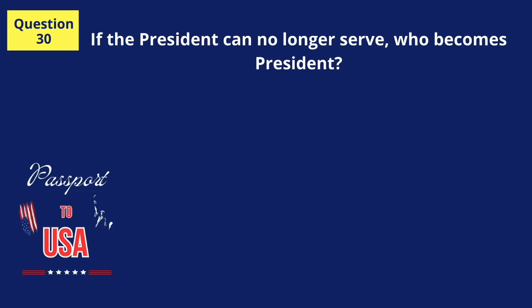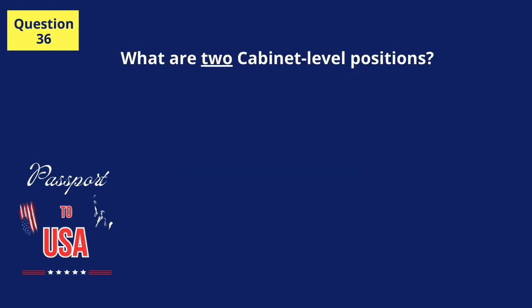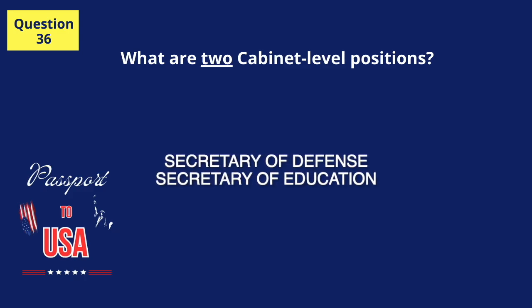If the president can no longer serve, who becomes president? The vice president. What are two cabinet-level positions? Attorney General. Vice President.